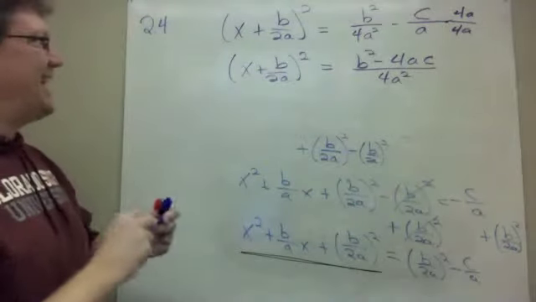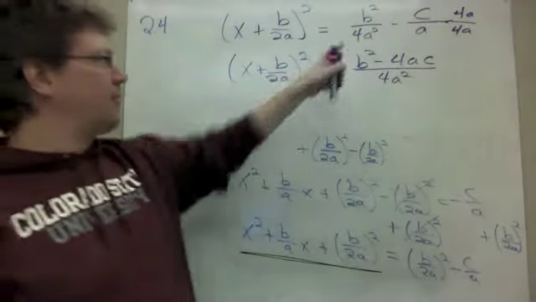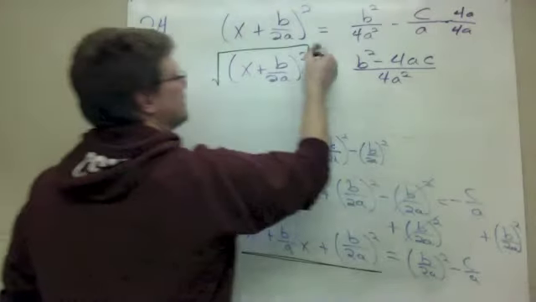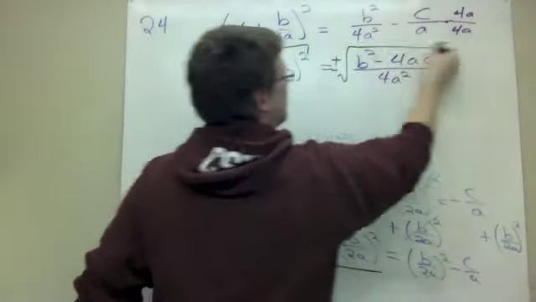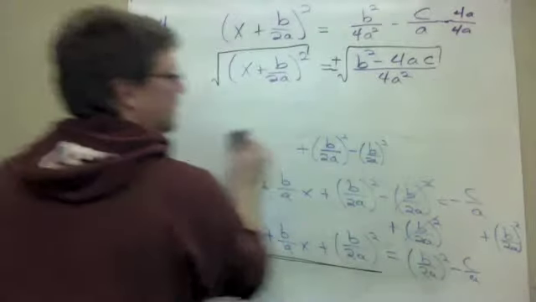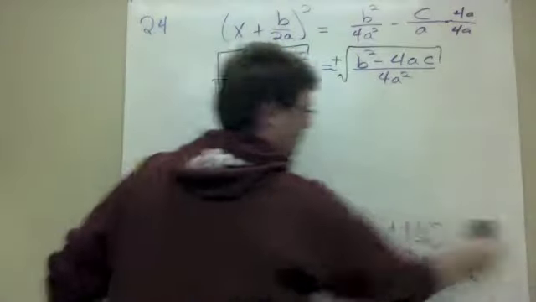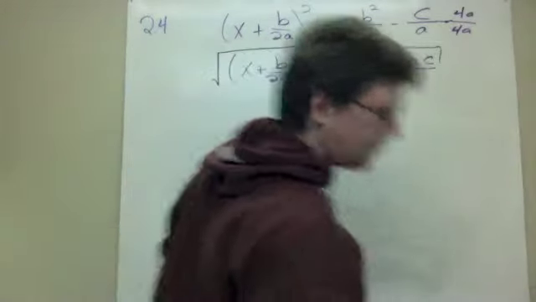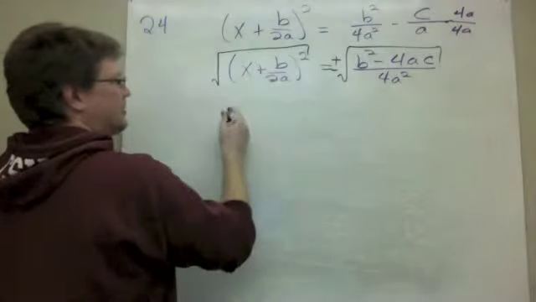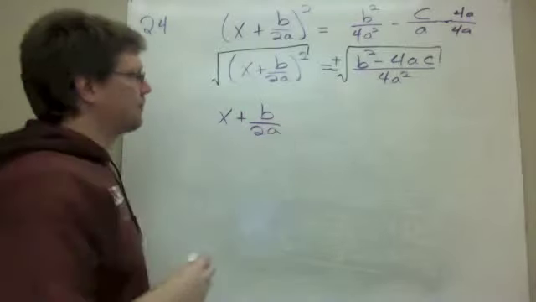Now, to get at x, if I take the square root of both sides, I have to allow for both the positive and negative square root. So I take the root of both sides, positive and negative root of this guy. The root and the square are going to cancel over here, leaving us with x plus b over 2a.